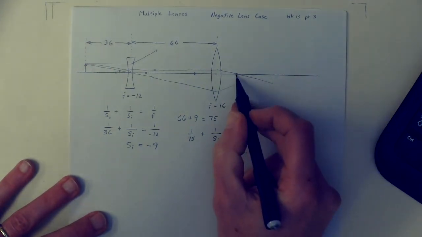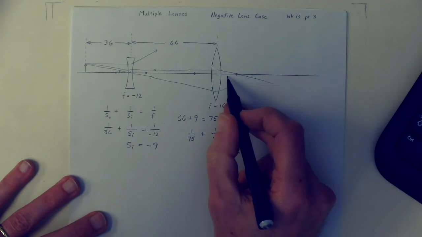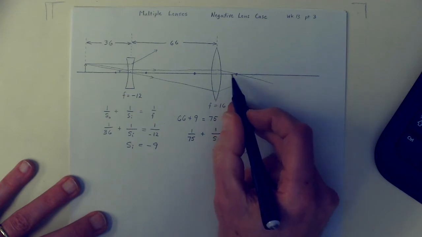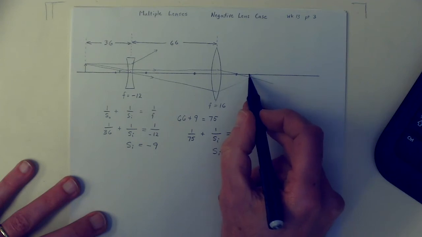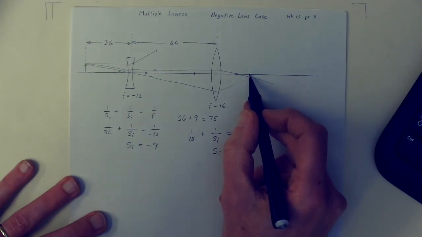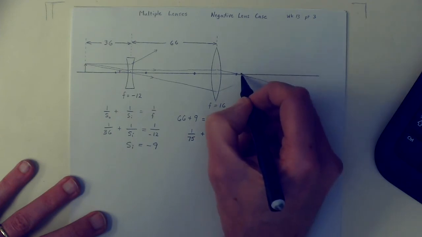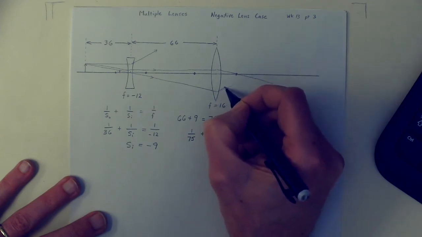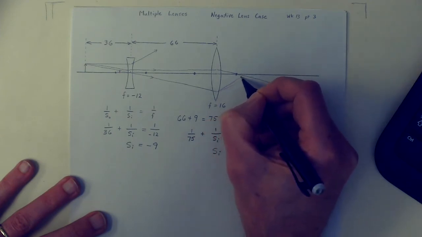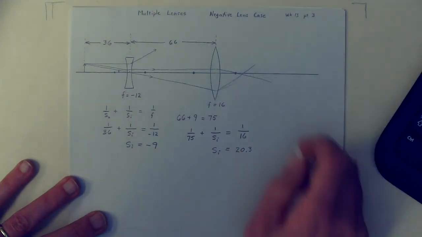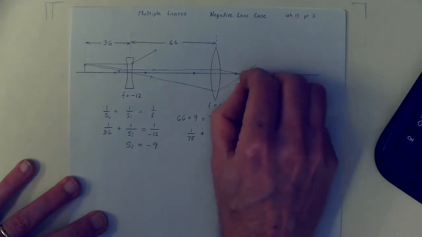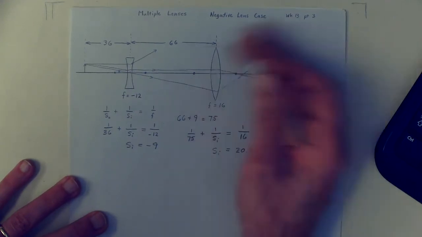So that dot is at 16. If that's 16, 8, 16, somewhere out about here would be 32, or 20 would be real close to this. So I need to draw this ray coming in a whole lot closer so that it just barely misses the focal point.